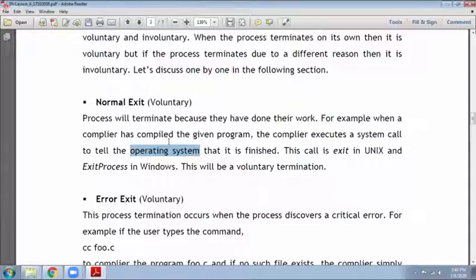This call is exit. Sometimes in your source code you use the term exit. So exit in Unix, and in Windows they use ExitProcess. So normal exit is a voluntary termination.